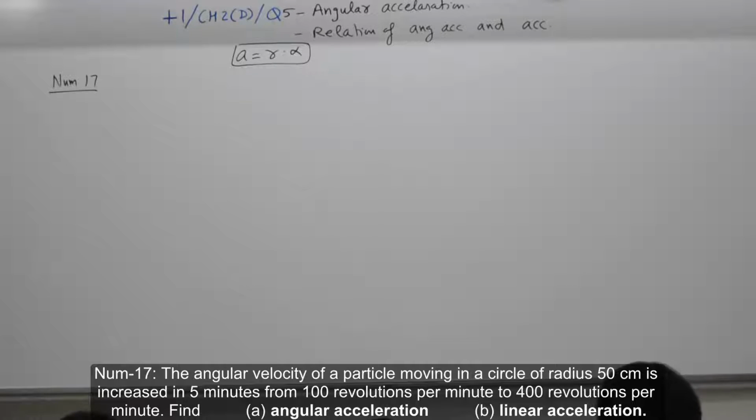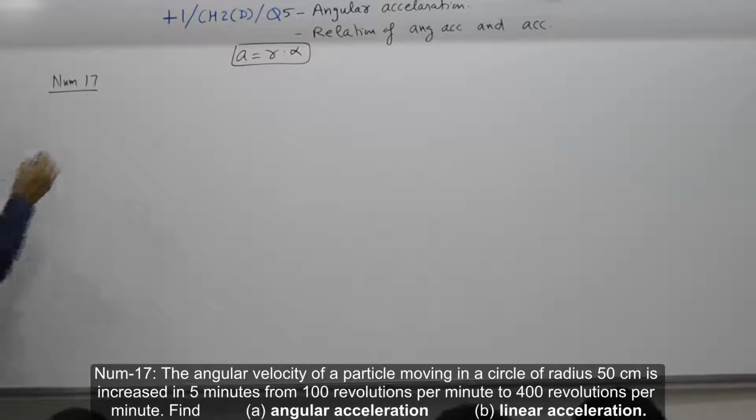The question is: the angular velocity of a particle moving in a circle of radius 50 centimeter is increased in 5 minutes from 100 revolutions per minute to 400 revolutions per minute. Find angular acceleration and linear acceleration.